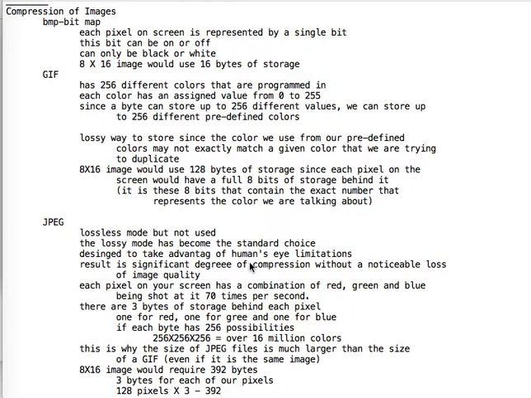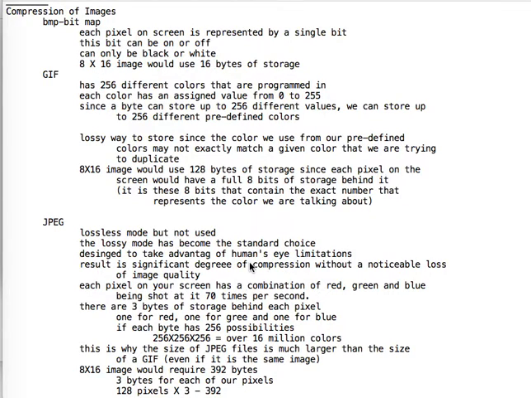Now, how does this work? Okay, I've got an 8 by 16 image, and each pixel on the screen needs 3 full bytes behind it. Where do those 3 bytes store? Well, 1 byte has 256 shades of red. Another byte has 256 shades of green, and another byte has 256 shades of blue.